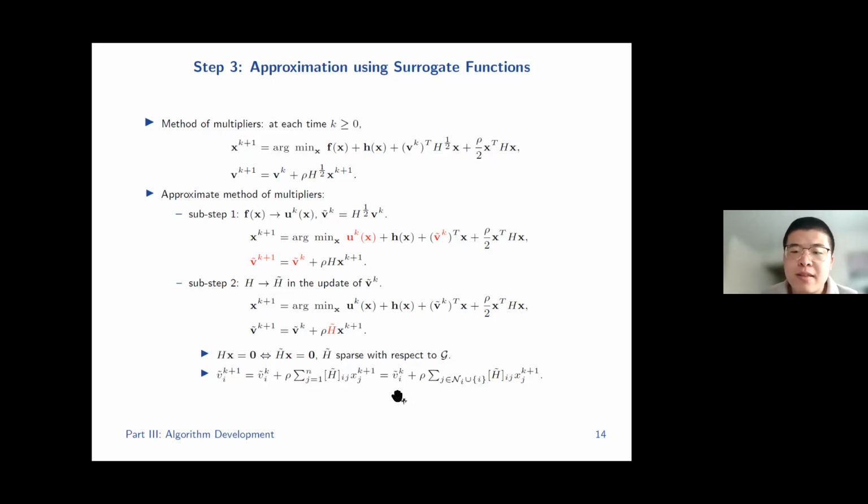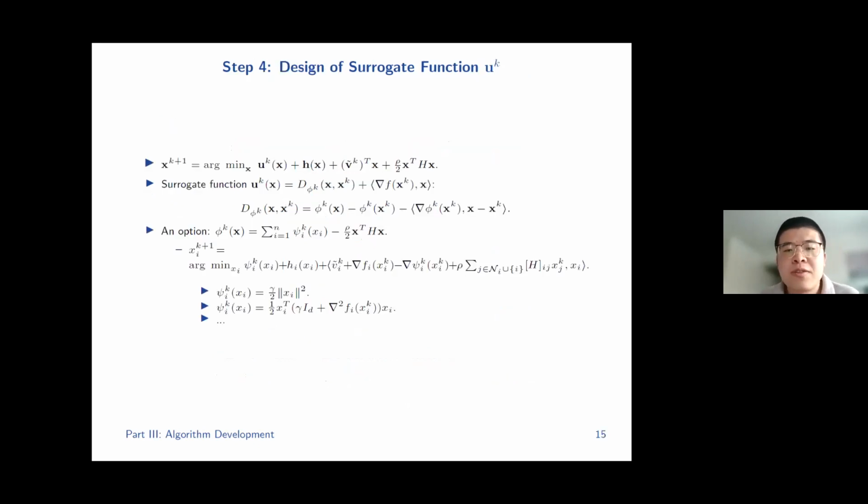But from this update, only x_j^(k+1) from the neighbors of node i are required, so that this update can be implemented over the networks. We still need to design proper surrogate functions so that this primal update can also be implemented over the networks.